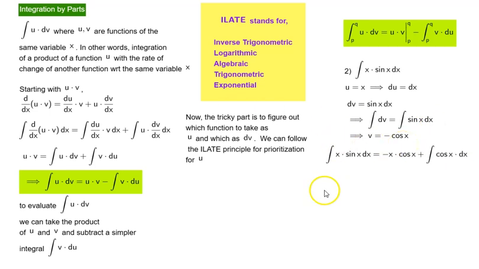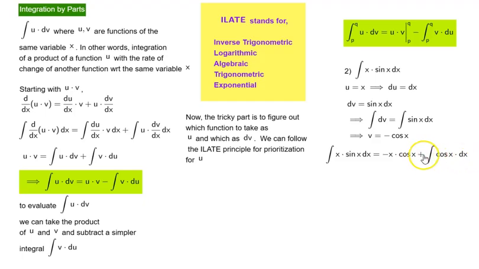So the integral of x times sin x dx is equal to u times v. u is x, v is minus cos x. So minus x times cos x minus the integral of v du. So v is minus cos x, du is dx.